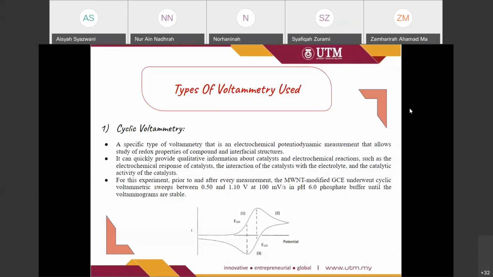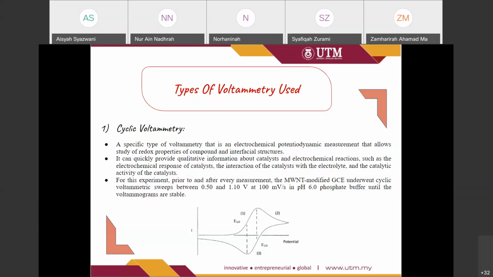And it can quickly provide qualitative information about catalyst and electrochemical reaction, such as electrochemical response of catalyst, the interaction of catalyst with the electrolyte, and also the catalytic activity of the catalyst. For this experiment, we use cyclic voltammetry exactly to determine the electrochemical behavior of vitamin B6.